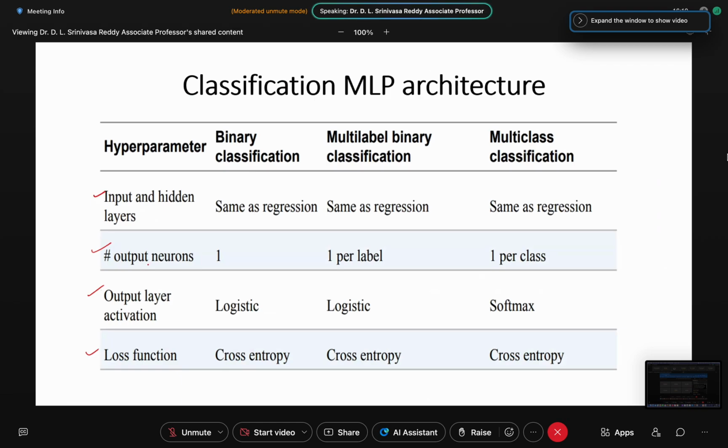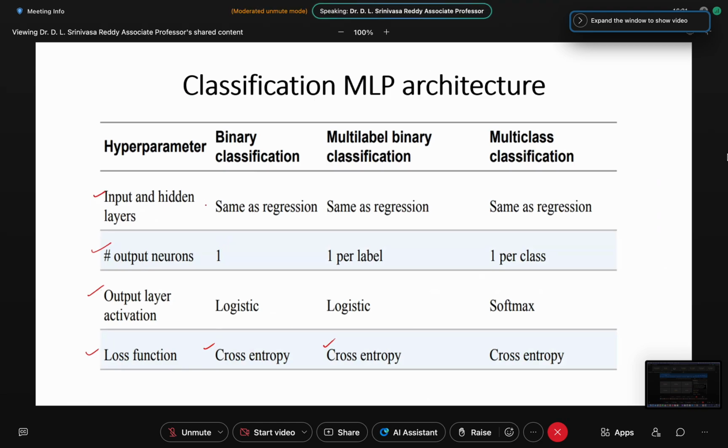But for a classification network, we use the cross entropy loss function, RMSprop. These types of loss functions are generally used for classification problems because cross entropy depends on this table, that is, the confusion matrix.